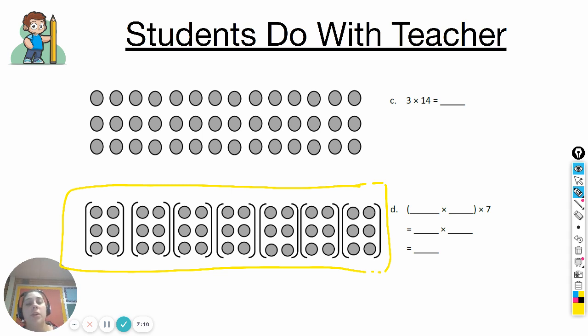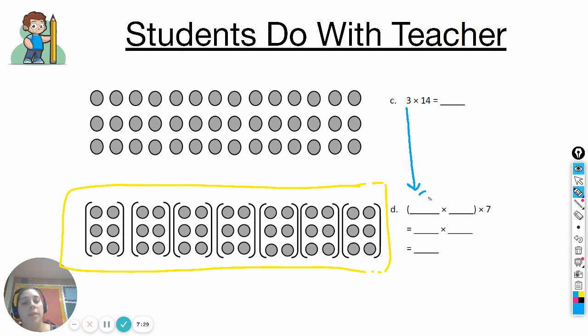Okay, so now on our whiteboards, we're going to be doing this equation that's over here. Now, we know that we are keeping this 3 because there's still 3 rows.